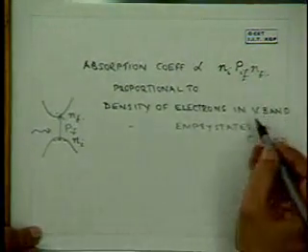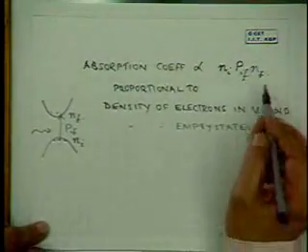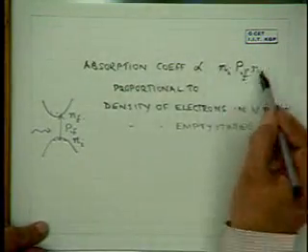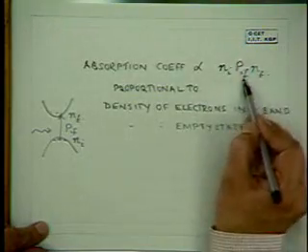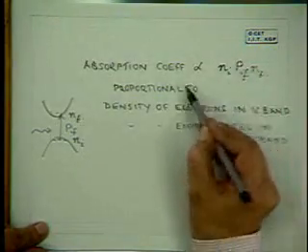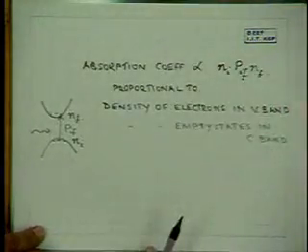So we have to calculate what Nis are, what Nfs are, and then take the known values of Pif in order to calculate the absorption coefficient.